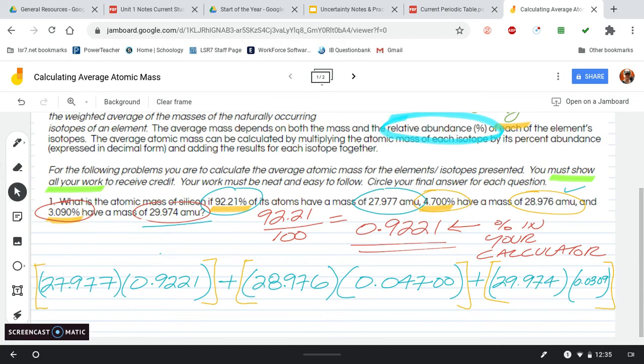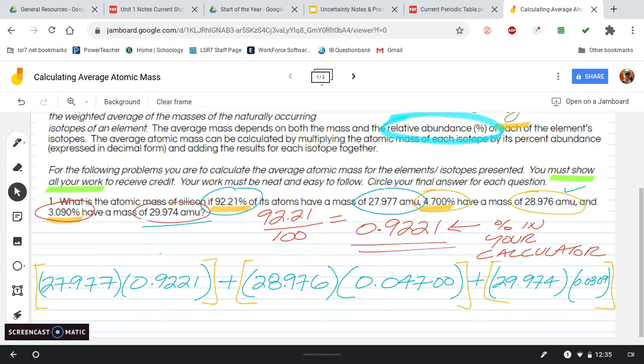So 27.977, I'm going to multiply that in my calculator by 0.9221. That's 92%. I hit enter after that step. Okay, and then I'm going to add that answer to, now I'm going to use parentheses, 28.976 times 0.047.